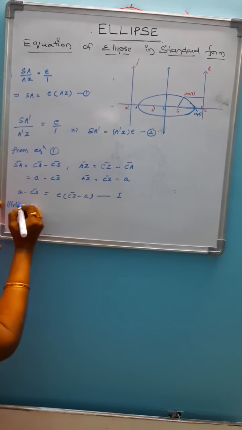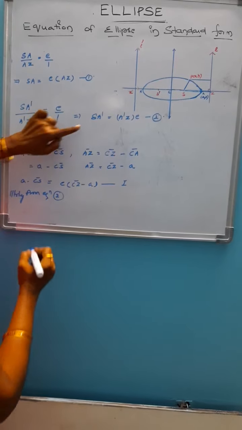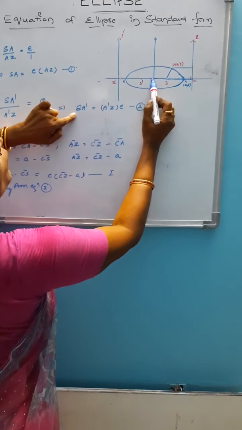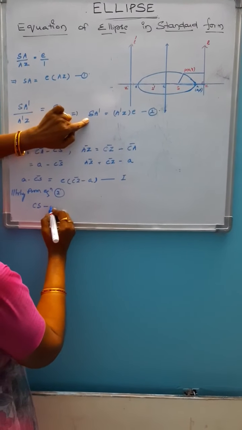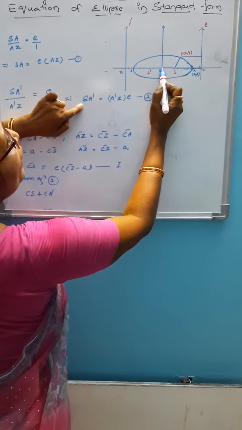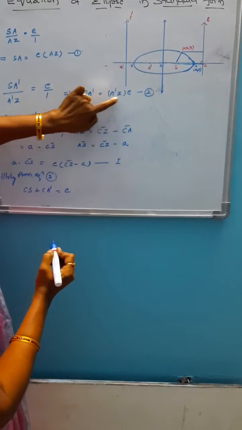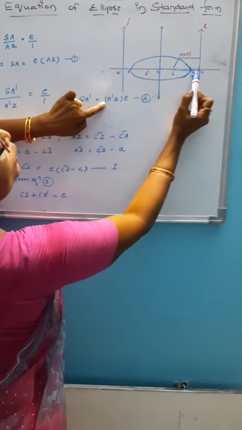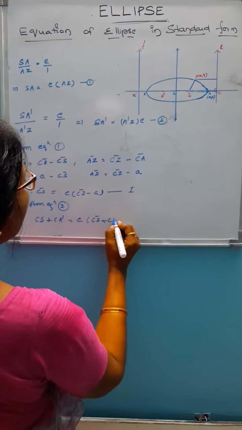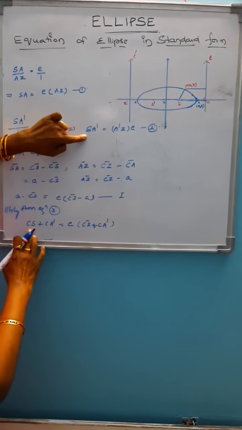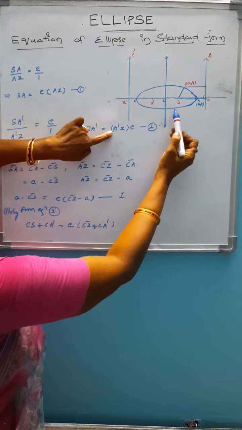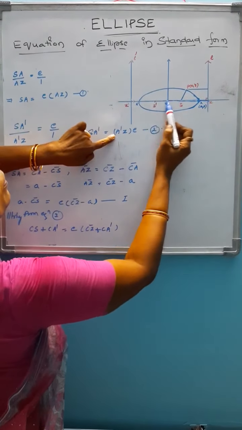Similarly, from equation 2, SA dash can be written as CS plus CA dash, which is equal to E into A dash Z. A dash Z can be written as CZ plus CA dash.